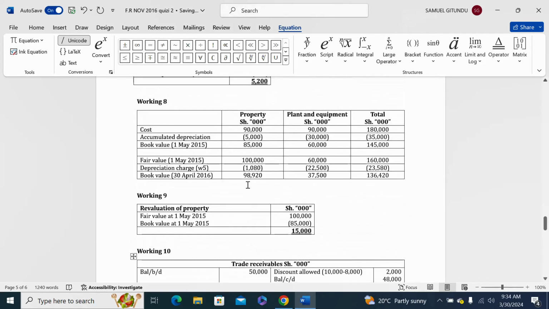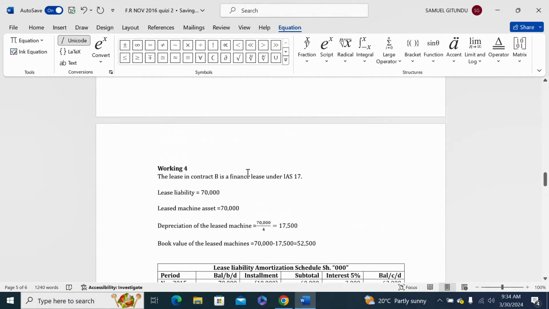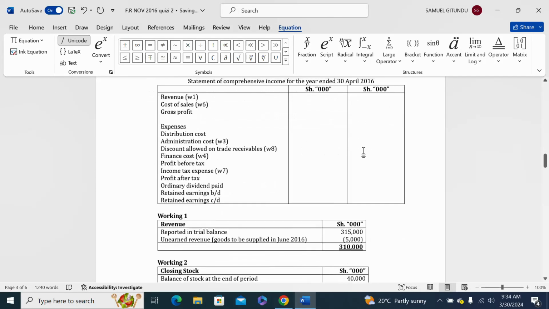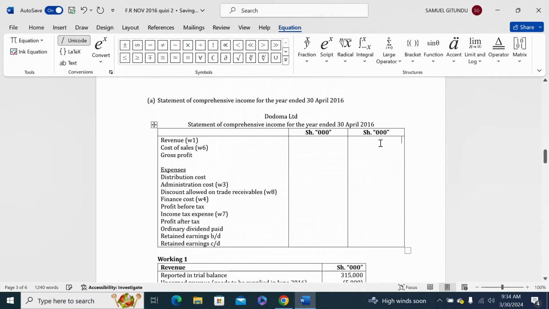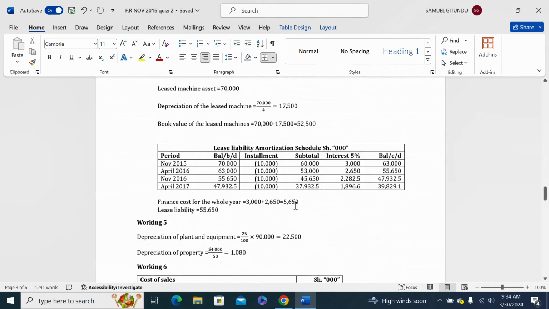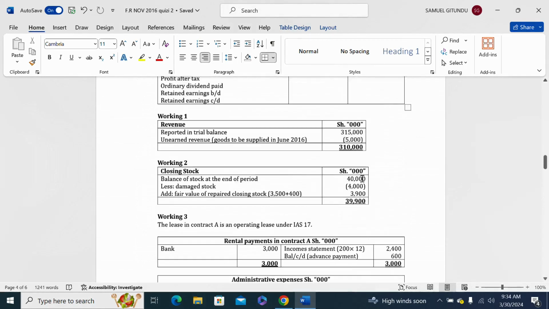We are done with the additional information, and we can now go to the statement of comprehensive income. Revenue, that is in our working note number 1, is 310 million. Then we go to the cost of sales, 243,180.